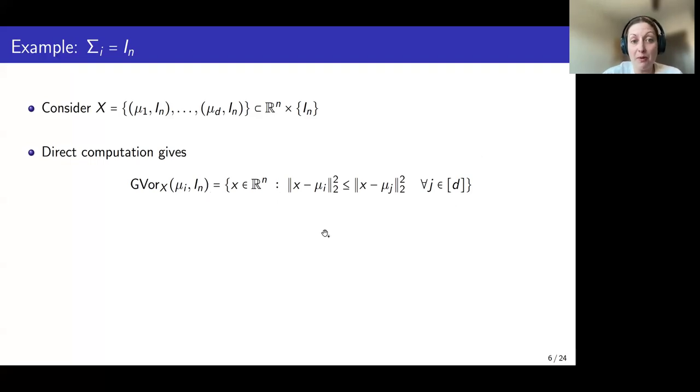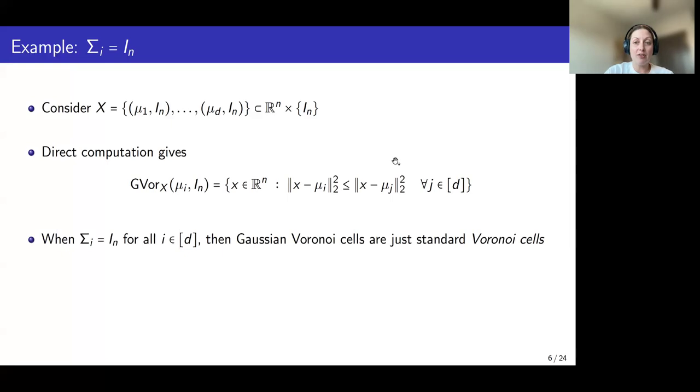And what we see is that the Gaussian Voronoi cell of the ith Gaussian is actually just the standard Voronoi cell, but with respect to the finite point set given by the means. So in this setup, Gaussian Voronoi cells are just standard Voronoi cells. You can really think of these as generalizing this very classical and well-studied geometric object.